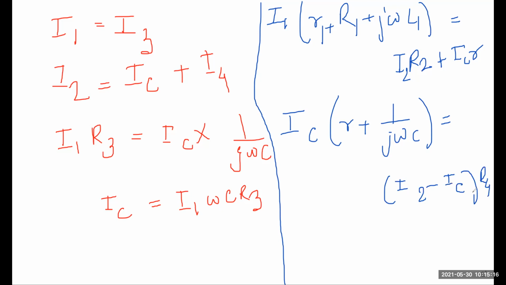Now we can substitute the value of IC that we got from this particular equation. This value of IC I can substitute here. So after substituting, I'm going to the next page. This is my equation 1. This is my equation 2. I'm moving to the next page. I need to now substitute the value of IC here.